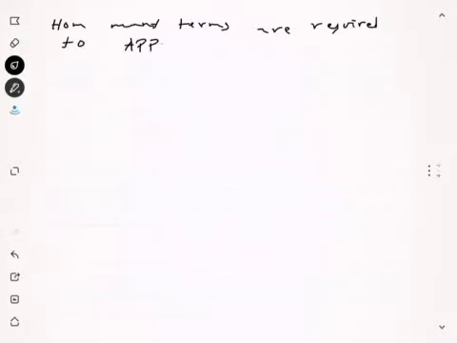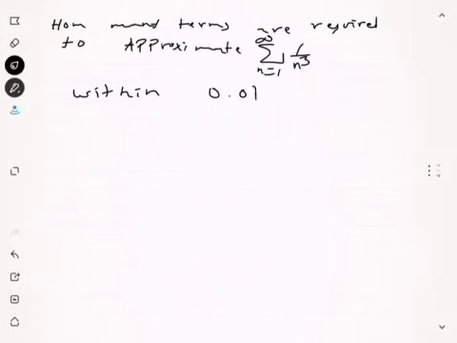Alright, now suppose that they want to know how many terms are required to approximate the sum as n goes from 1 to infinity of 1 over n cubed with an error of 0.01.